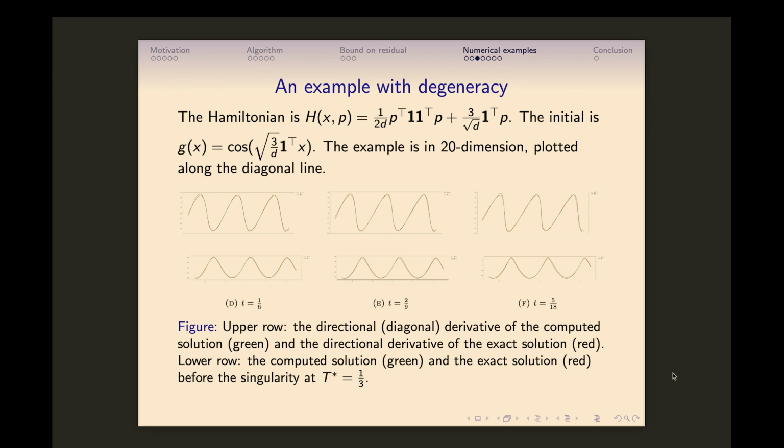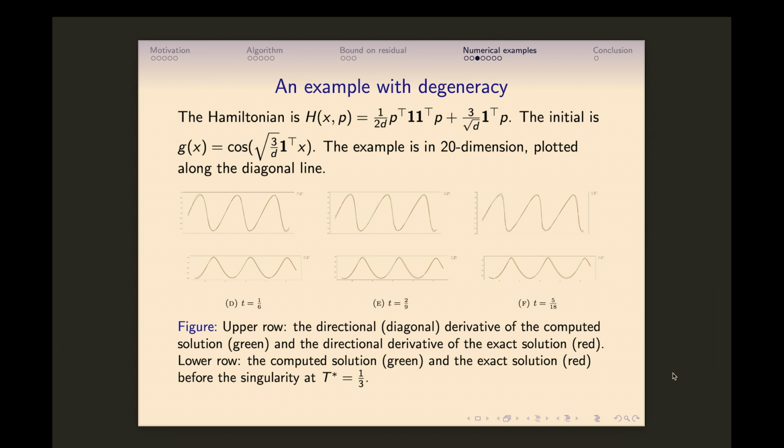You probably see that the derivative part, because our solution is enforced at the derivative level, agrees. And this is the solution itself. If you take the solution itself, it's very difficult to see, but hopefully you can recognize there are two curves, pretty close. This is along the diagonal line, and I plotted it out because otherwise it's very difficult to visualize.